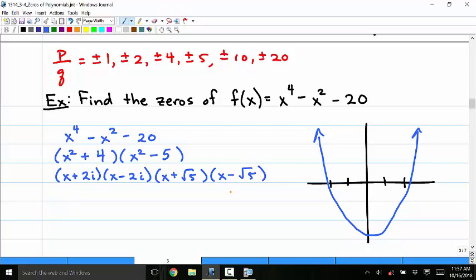Hold on, I'll show you. I'm trying to solve this equal to 0, right? If I had set this equal to 0, so set x squared plus 4 equal to 0, I get x squared equals negative 4, correct?